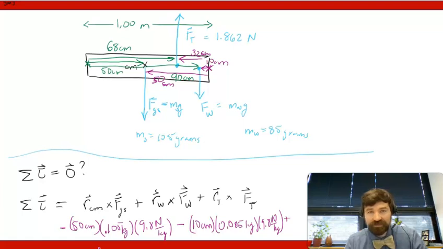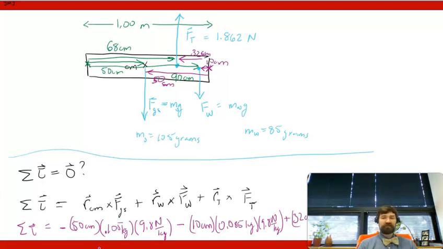And then the last one is a positive torque, and so we would have basically 32 centimeters times the 1.862 newtons. And that would be our new torque for this system.